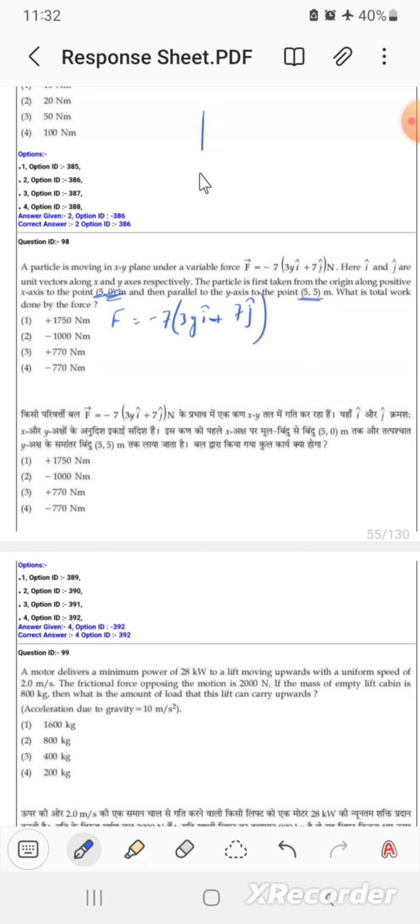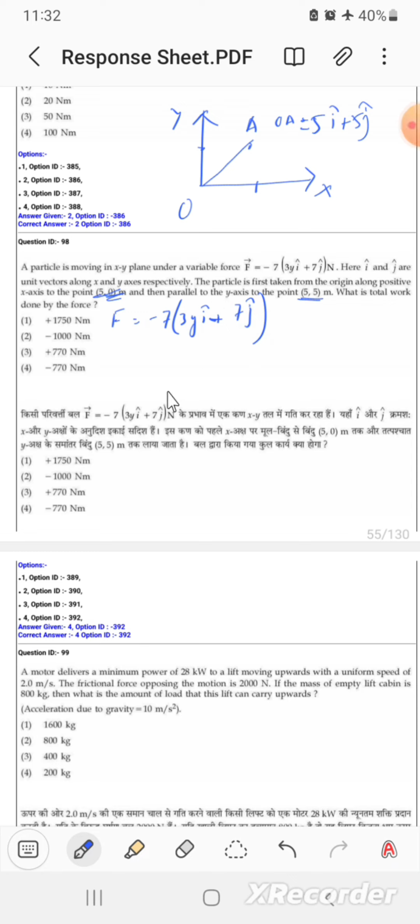So graphically it will be situated at this point. It is 5, it is 5. So it is the origin O. If we consider this point as A, then OA will become 5 i cap plus 5 j cap.